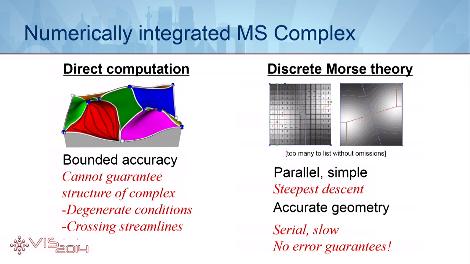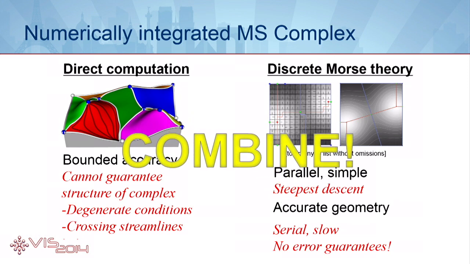You end up with things like transversal intersections, crossing streamlines, and all sorts of nasty stuff. On the other hand, with discrete Morse theory, you're guaranteed robustness. It can be applied in parallel. It's very simple. You still get geometric artifacts. There is an accurate geometry version, but it's serial and slow, and there are no error guarantees.